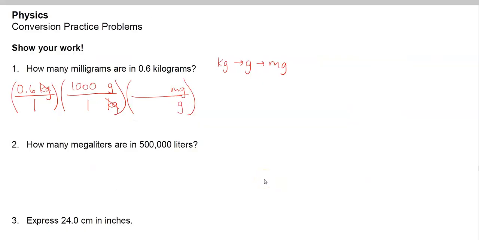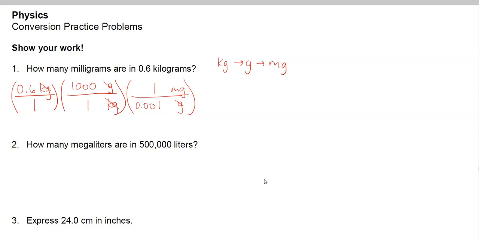So I always put the 1 with the double letters, and then the definition is in terms of the single letter. Okay, so often people ask me, does the 1 go in the numerator or the denominator? Well, it might go either way, but the 1 always goes with the double letter, the thing with the prefix.